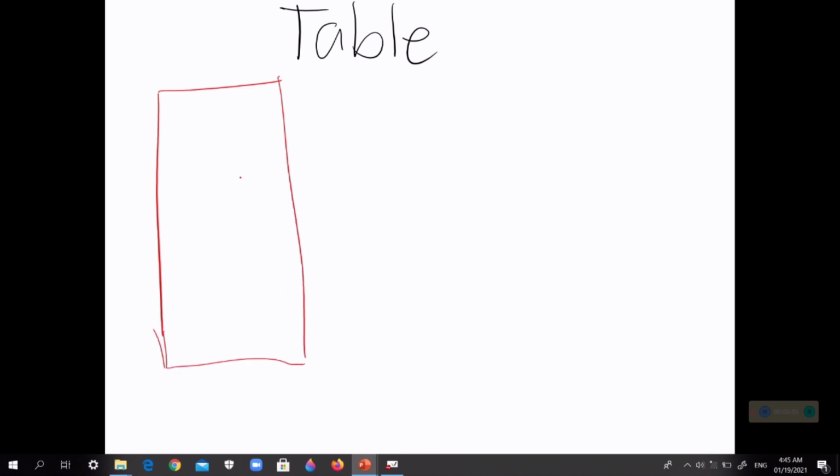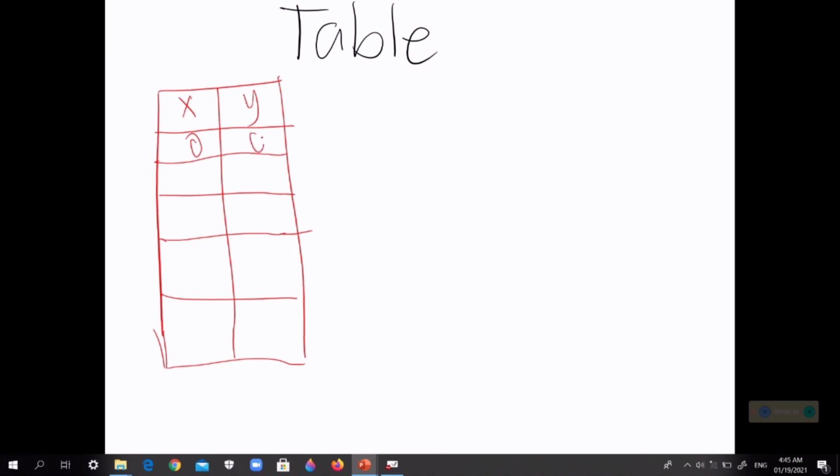Sorry if I have this kind of drawing. For example, we have X and Y here. The values of X that we have on our previous mapping diagram are 0, 1, and 4. Taking note of the arrows, we have 0, 0, then 1, negative 1, then 1, 1, then 4, negative 2, and 4, 2.